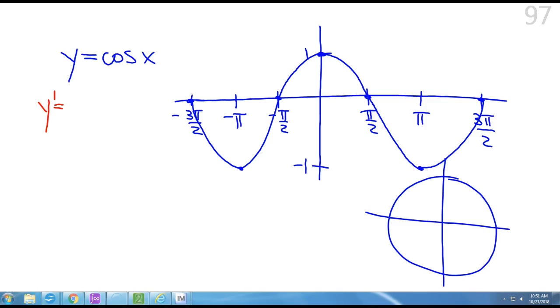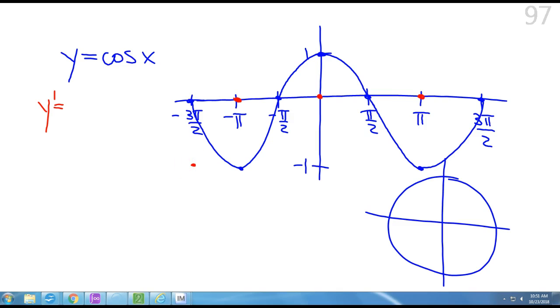So if I look at graphing the derivative, I'm going to start with where I know the slope is 0. So I know the slope is 0 there, the slope is 0 there, the slope is 0 there. And then the same thing, the steepest it ever gets is 1, and the least steep it ever gets is -1. So the slope here is actually -1.